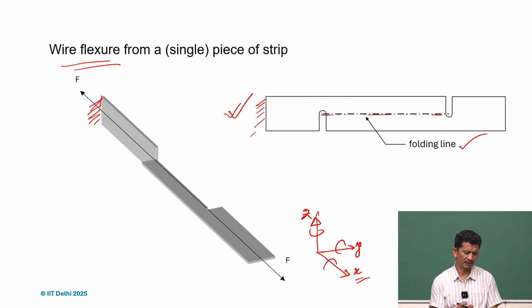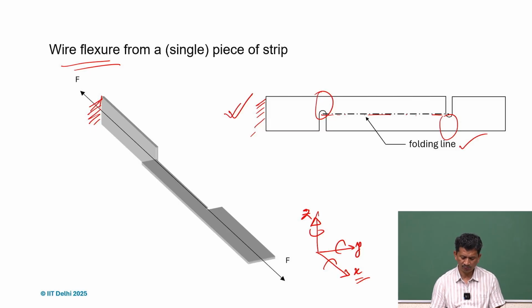And of course, in this case, EA by L, and this section actually will determine the stiffness in that direction, because the area of cross section is almost half in that case. Length is also small in that case, but we may need to compare which one will determine the overall stiffness in the axial direction. But still, it will be higher than whatever stiffness we have in the other directions.